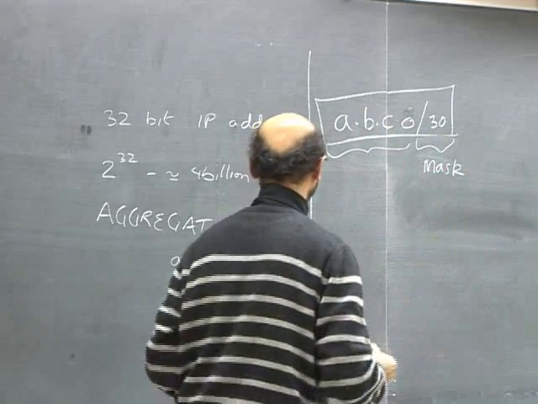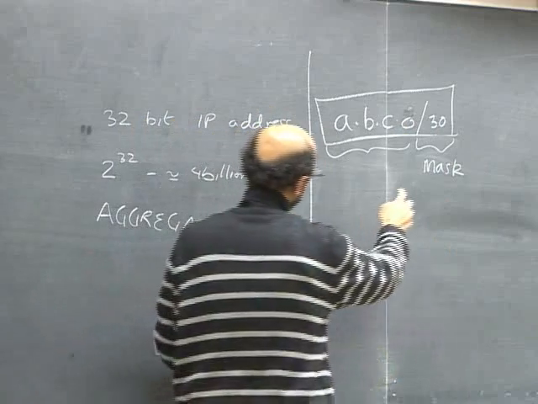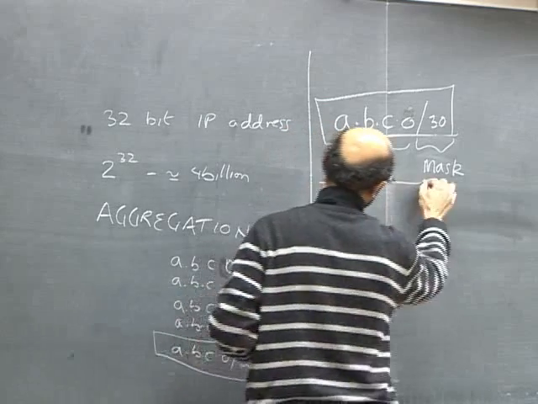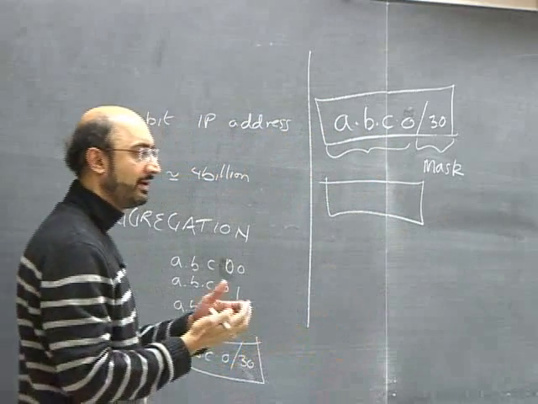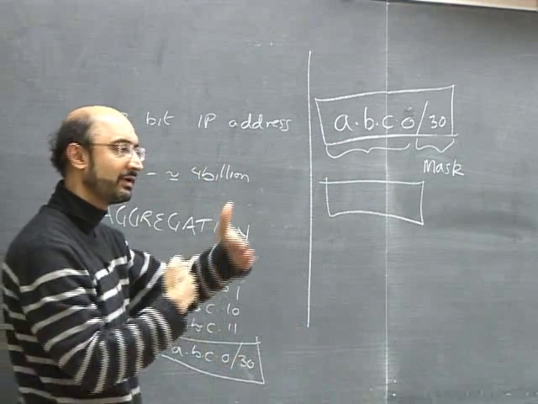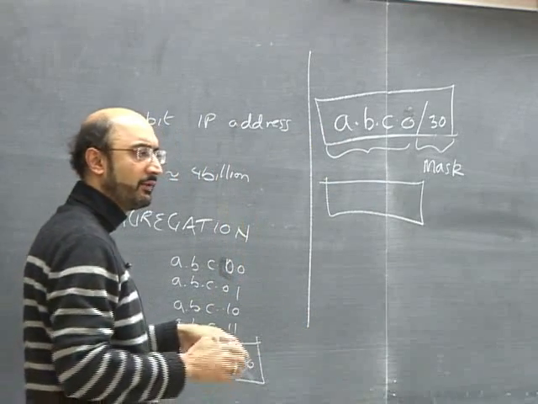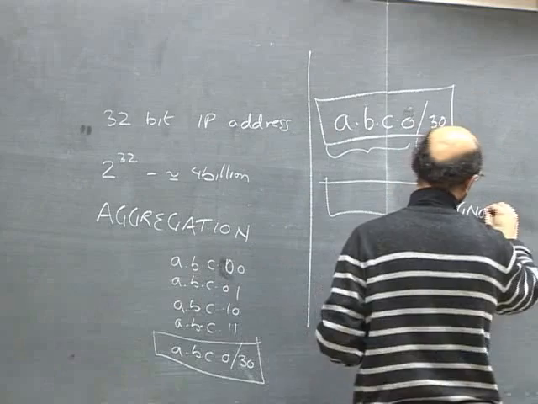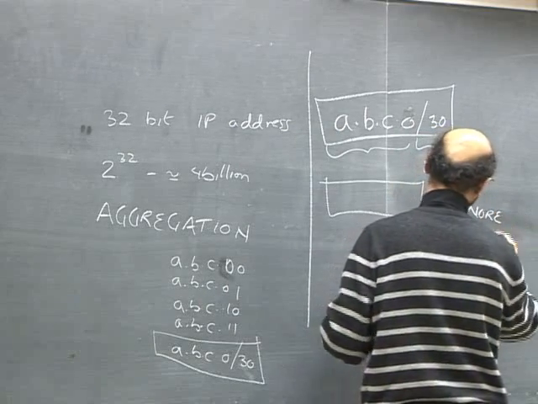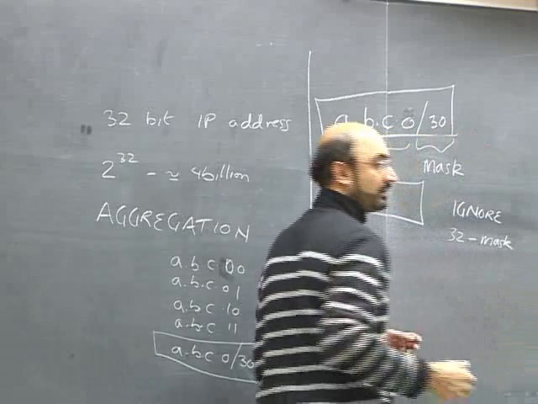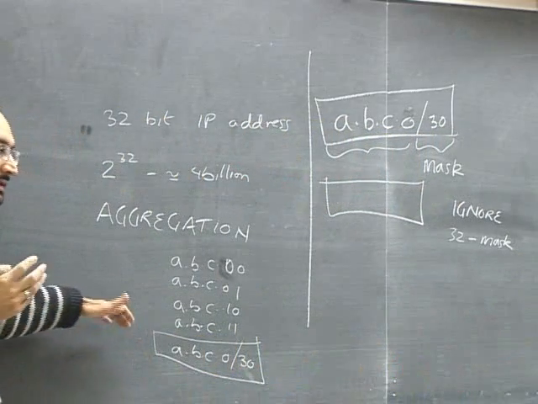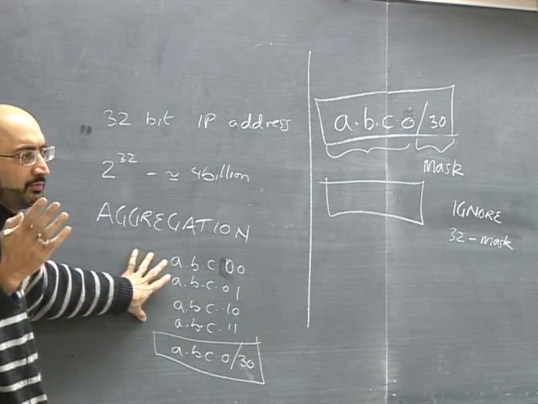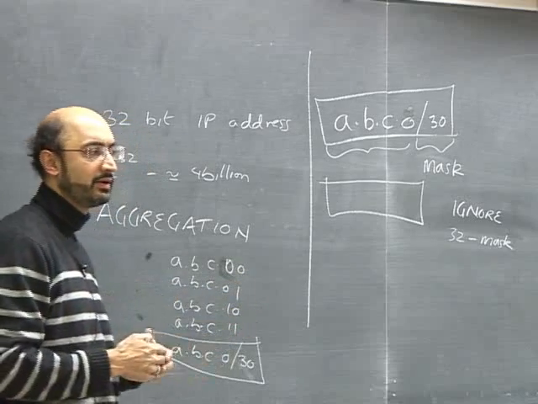The length of the mask is 30, so we have 30 sections that we're looking at, and everything else we are going to ignore. So ignore the last 2 bits, 32 minus the mask length. What that means is that if anybody else wants to refer to all 4, they can ignore the last 2 bits, the 0001, 1011.